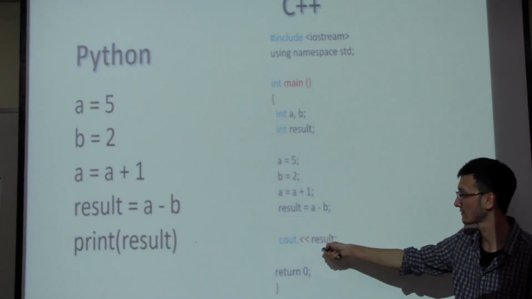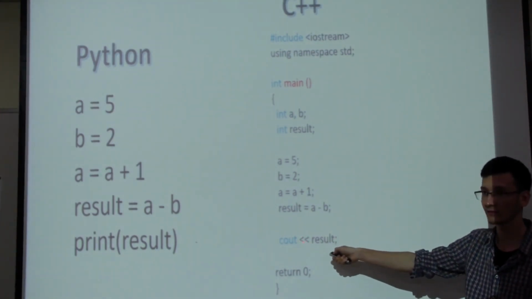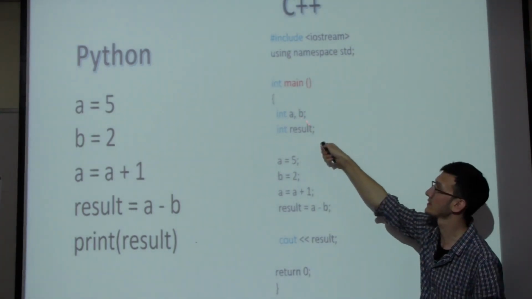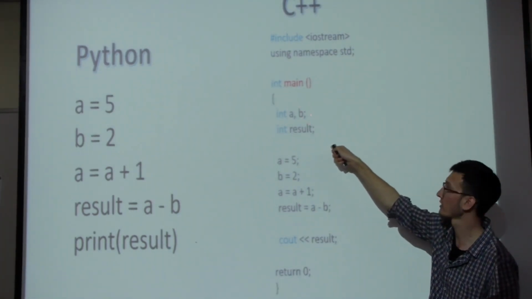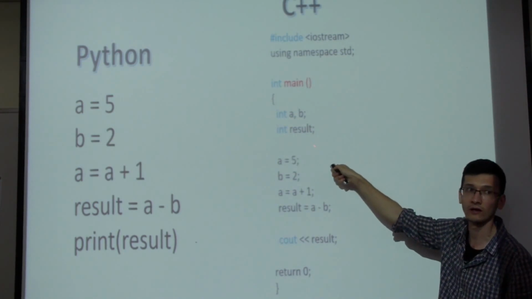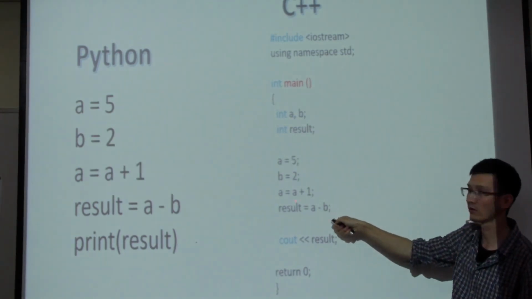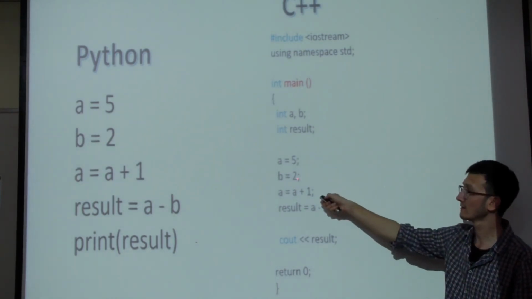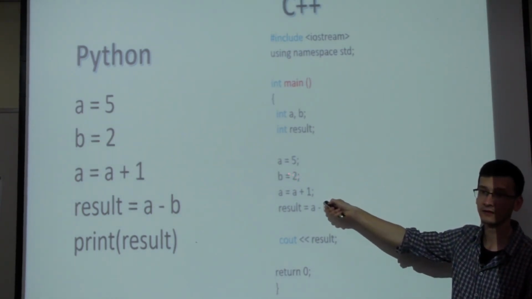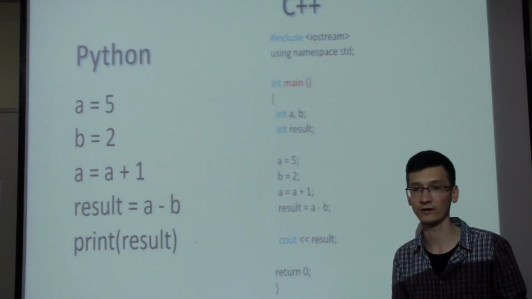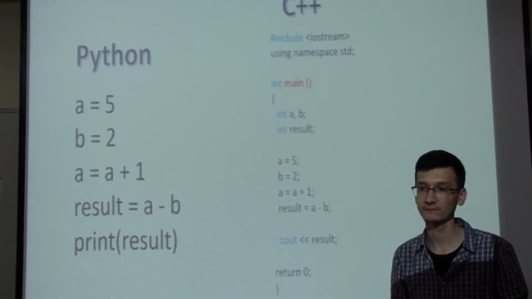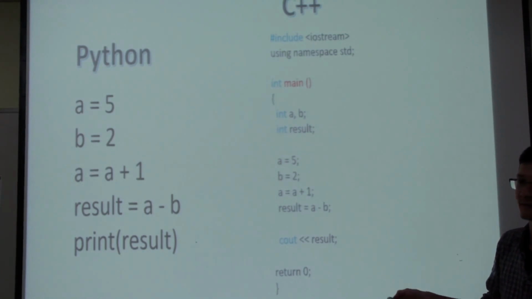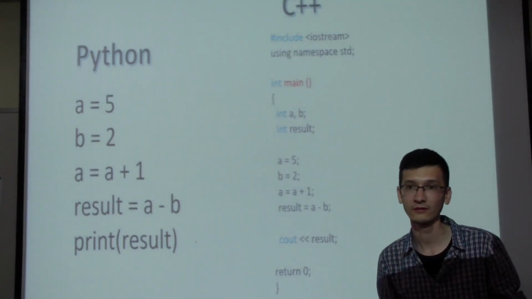And after each line of code, we use a semicolon, semicolon, semicolon. If you miss any of this kind of character, your program will not work. Can you see the difference? Yes. Python is so powerful.